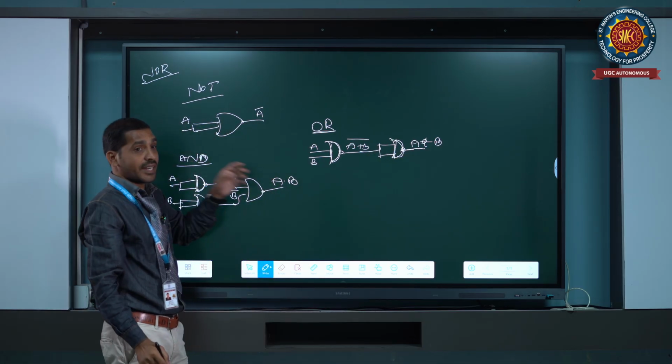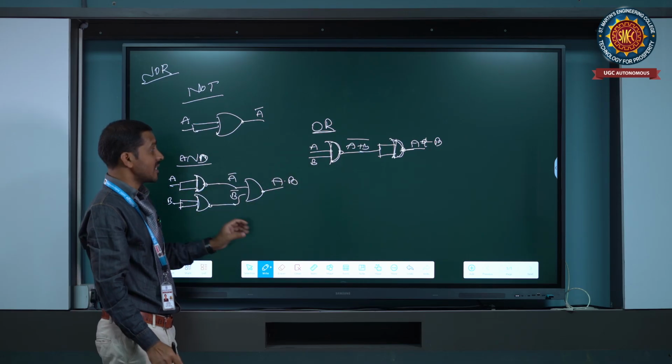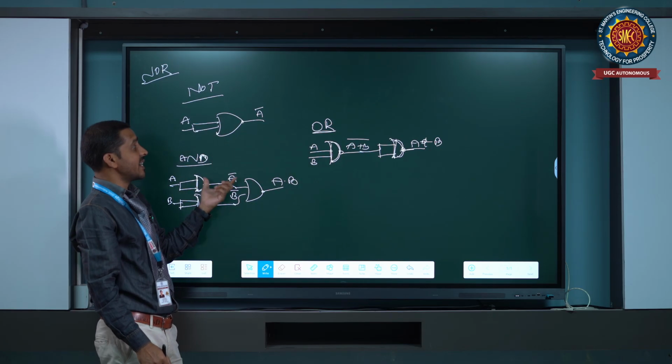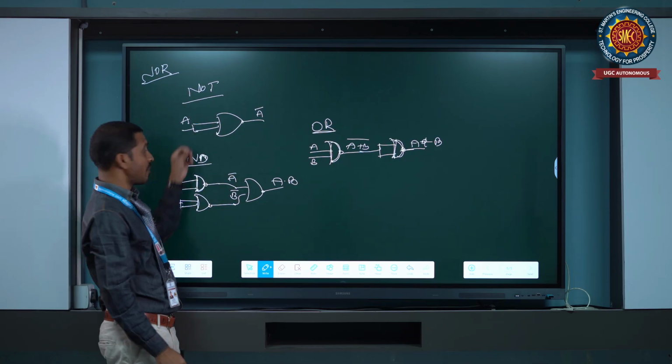This is how you realize basic gates using NOR gate.